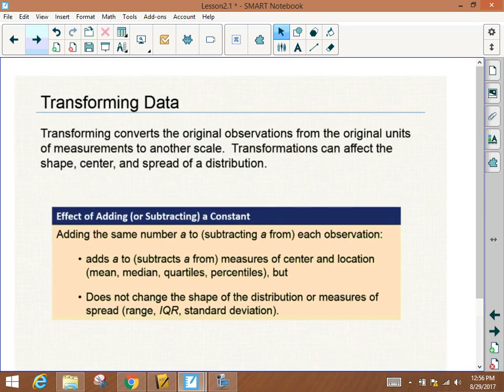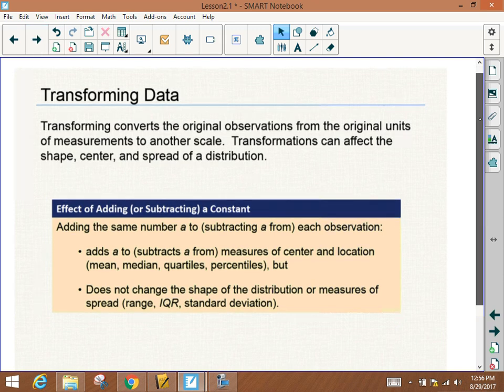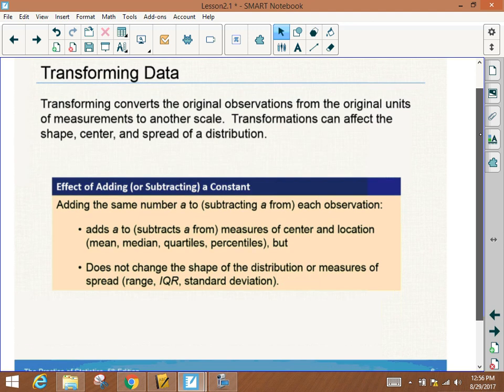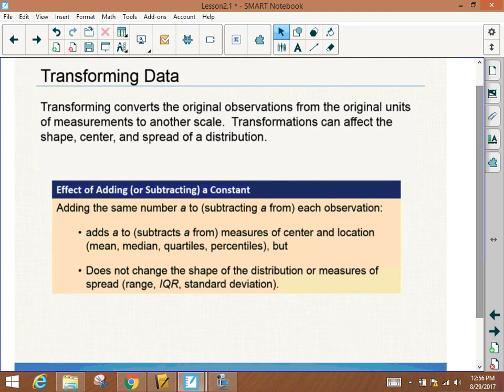All right, what happens when we transform data? In other words, if we had to take some units of measurement and change them, or if we had to add something to each of them, for instance a curve, if we were to curve test scores just by adding to them. Some teachers do that.